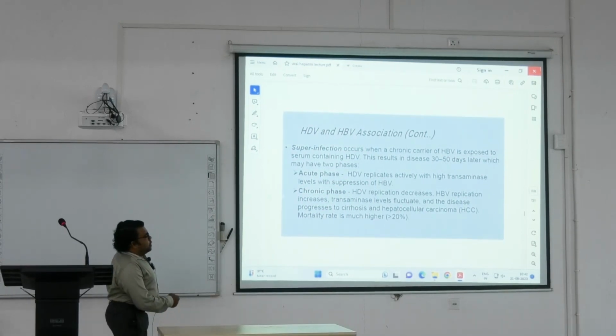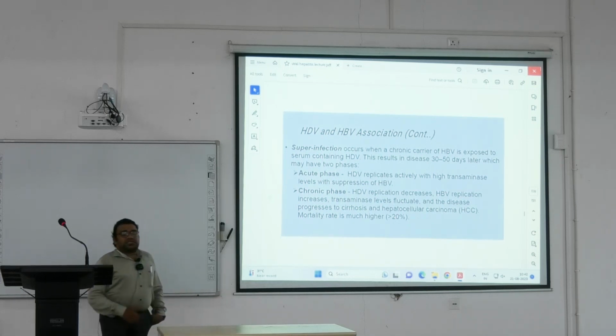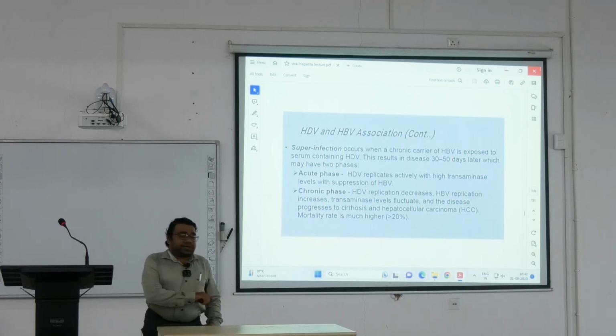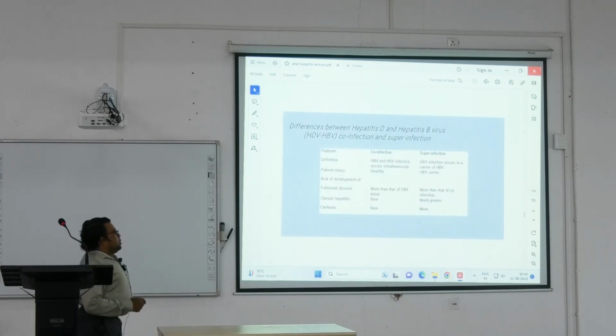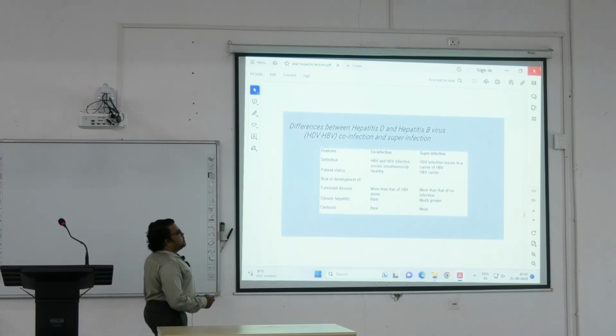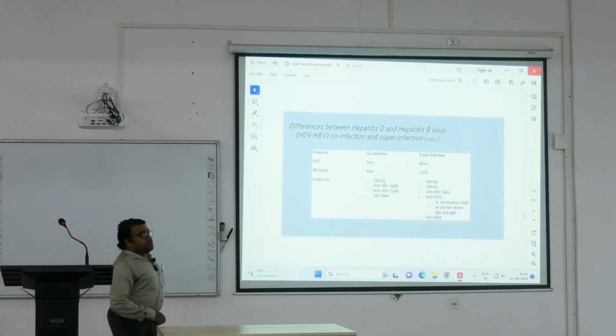Now look over here, in the chronic phase, the incidence of cirrhosis and hepatocellular carcinoma is much higher, and it also results in a higher mortality rate. So these are differences you can see in co-infection and superinfection. Fulminant disease is more commonly seen with superinfection, chronic hepatitis is more with superinfection, and hepatocellular carcinoma is more with superinfection.